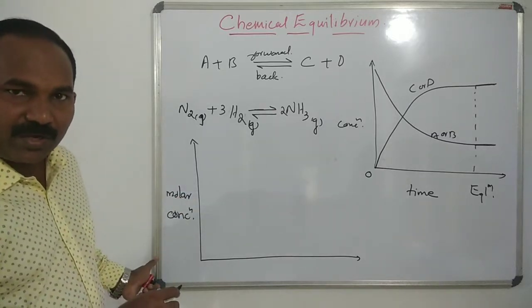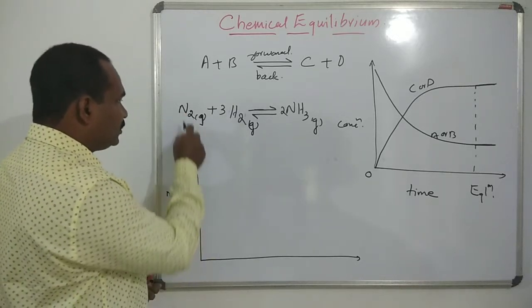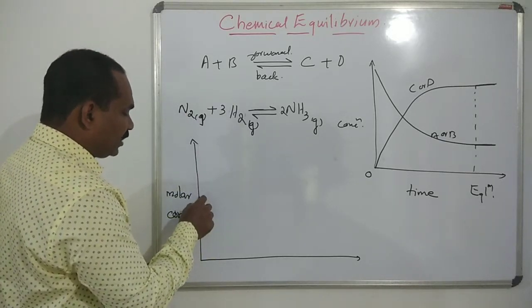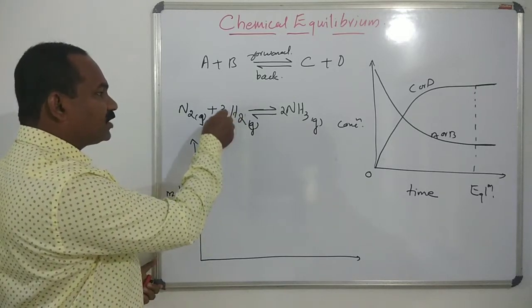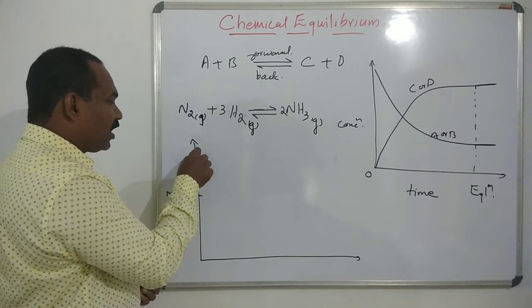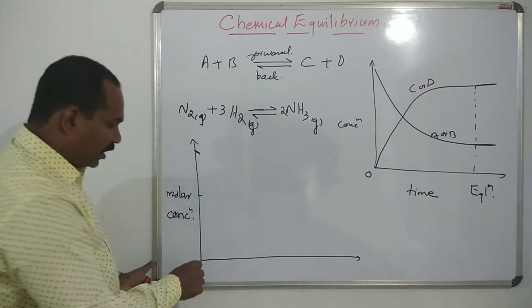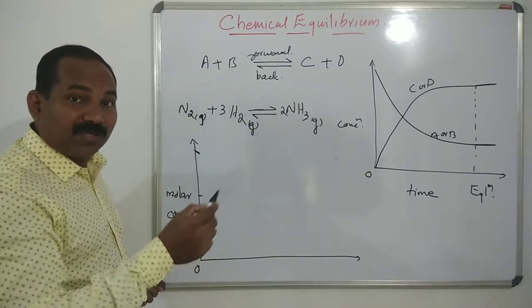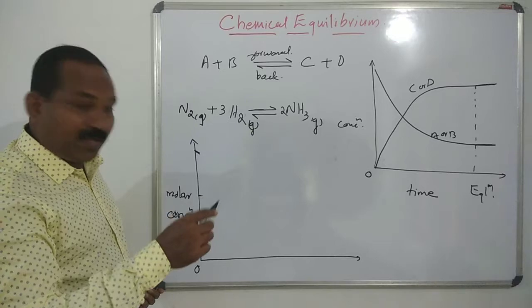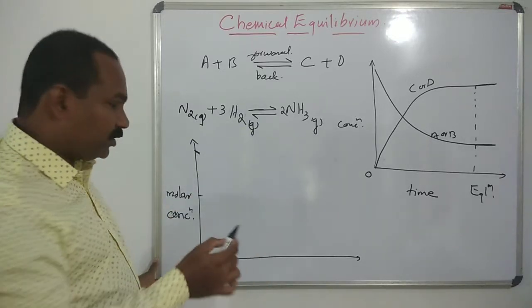Initially, suppose the concentration of nitrogen is up to here, and for hydrogen the number of moles is 3, so hydrogen is more than nitrogen. What about the initial concentration of ammonia? It is 0. At time equal to 0, the concentration of ammonia is 0.